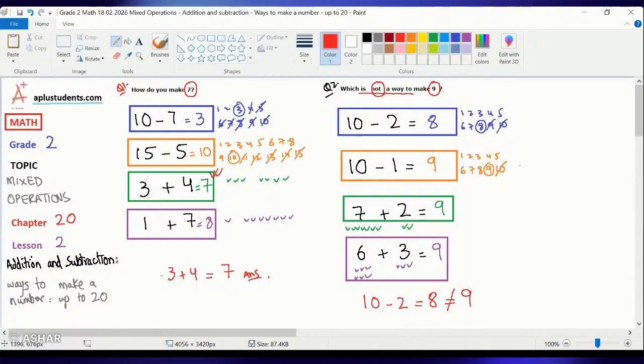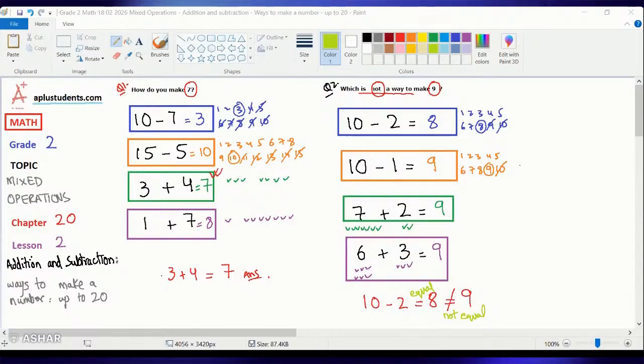Okay, perfect. This sign means not equal. This sign means equal. Whenever we slash an equal sign, we would say it's not equal, right? Perfect. Thank you, May.